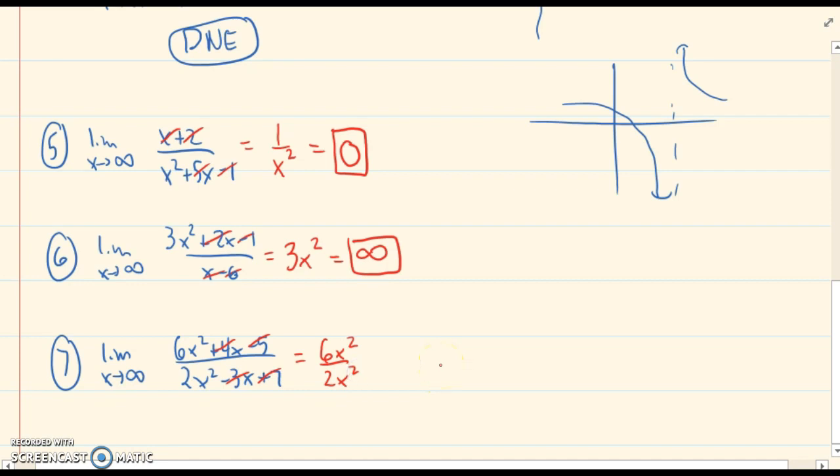So I can cancel out some things. I can cancel out my x squareds, and I can reduce my 6 and my 2, giving me 3. So if I were to graph that function as I get further and further to infinity, the value of the function is going to get pretty darn close to 3. Won't actually get there, but it will approach that value.